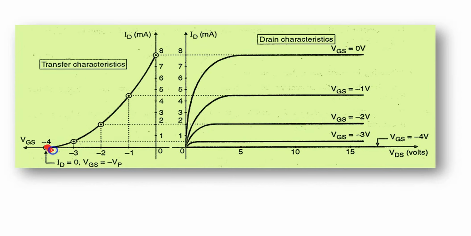So at this point the drain current becomes 0. This is the gate source voltage at which the drain current becomes 0. This voltage is called the pinch off voltage.